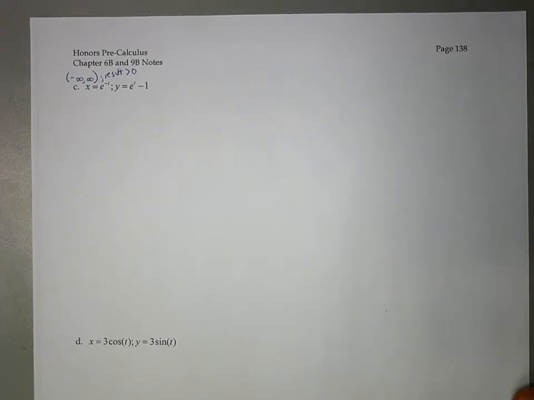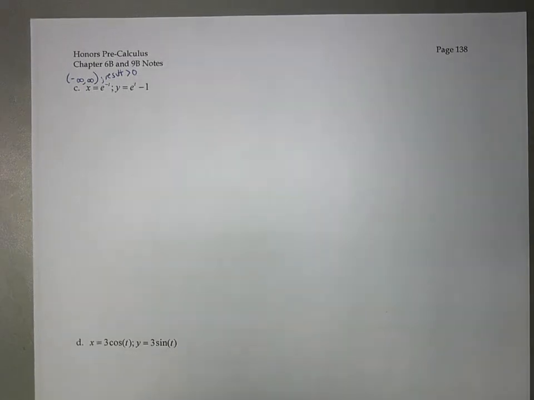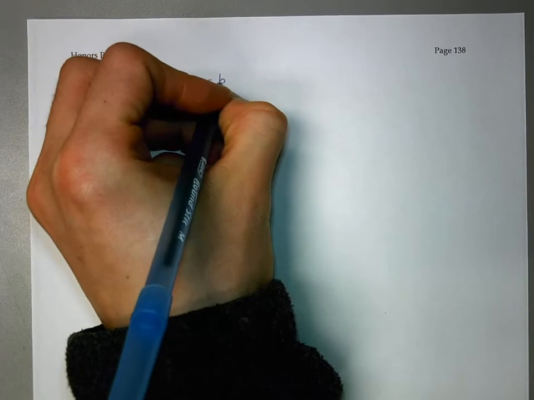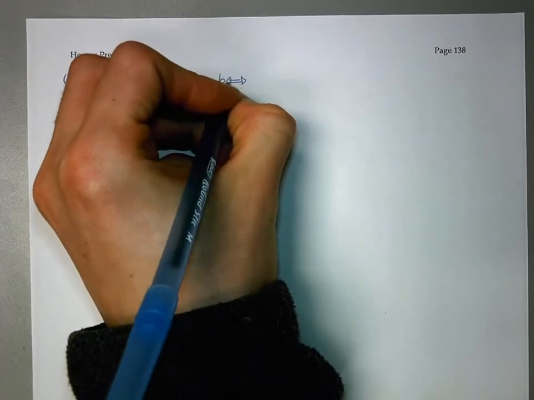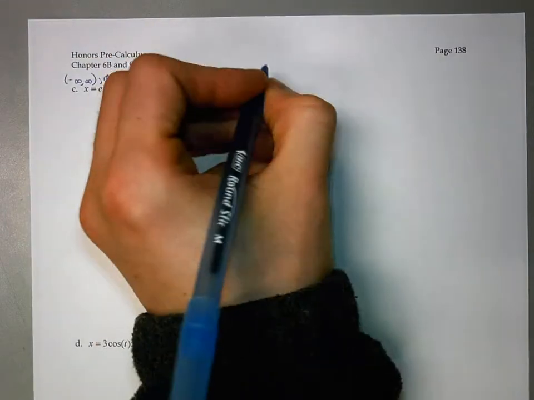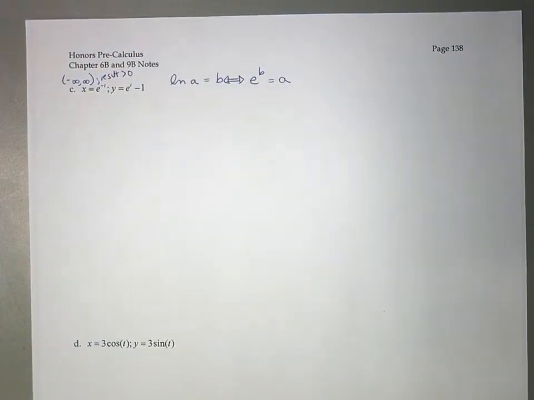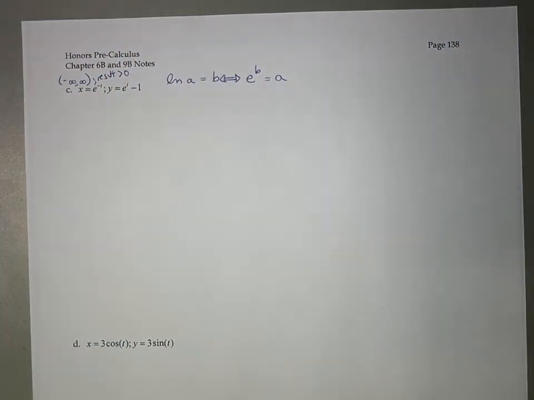The other piece you want to look at is the relationship between the natural log and exponentials. We know the ln of a equals b. If I were to convert that back and forth, that's e to the b equals a. Now we also know that logs and exponentials are inverses of each other.